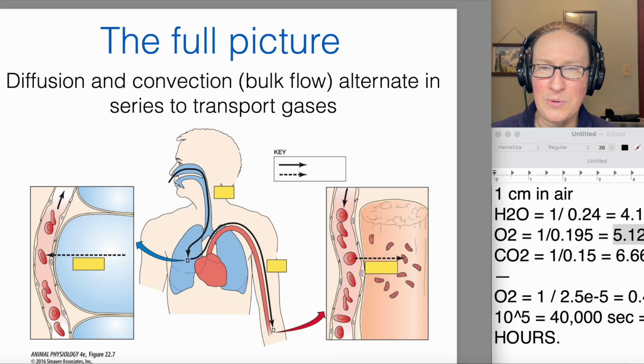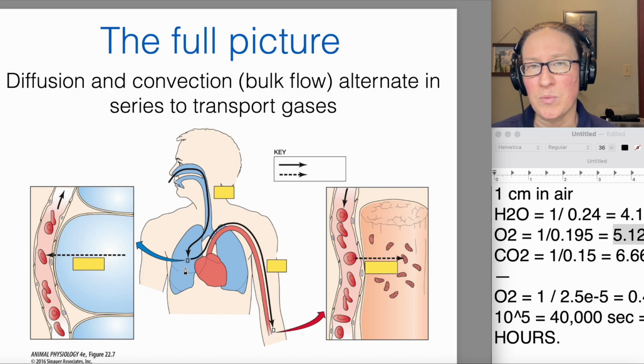It's often simplest to start out thinking about this in ourselves. When we breathe in air into our lungs, we're relying on convection or bulk flow to move air into our lungs for the most part. Within the lungs, at the level of the alveoli, we then rely on diffusion to move oxygen from the air phase inside of the alveoli into the bloodstream and into blood vessels. So that's our next diffusion step.